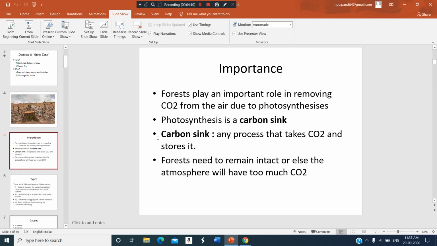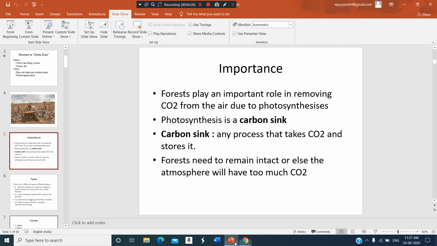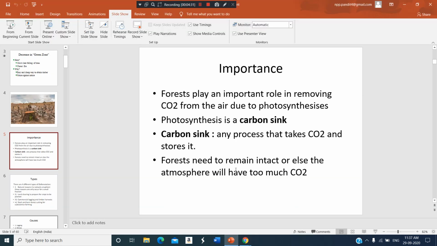What is the importance of the forest? What happens if deforestation happens? First, we all know that we depend on oxygen for our very survival. The forest plays a very important role in photosynthesis, where it makes use of carbon dioxide and releases oxygen.